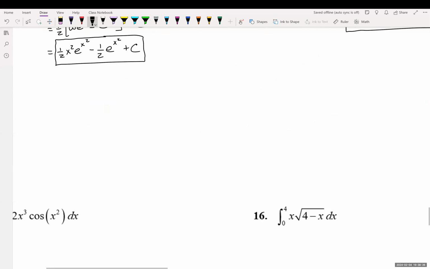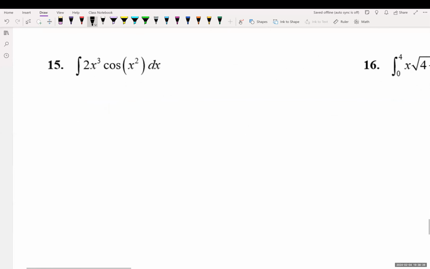Moving on to 15. Yet again, we have an inner function here. And so if we let w equal x squared, dw is equal to 2x dx. And again, just as we did above, I'm going to rewrite this as x squared cosine x squared times 2x dx.